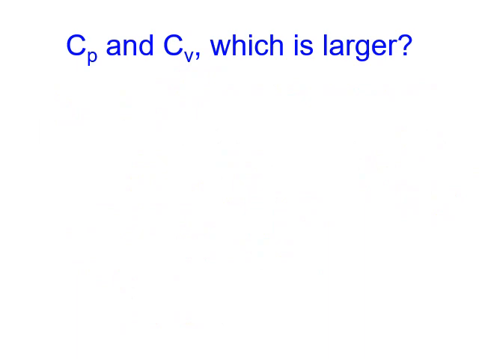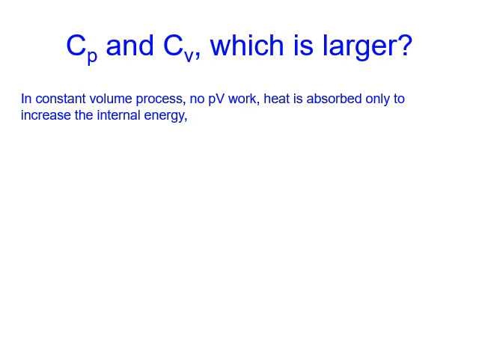Constant pressure heat capacity Cp, constant volume heat capacity Cv. Are they different? If so, which one is larger? At constant volume, there's no work. So heat equals internal energy change, which means that all heat absorbed goes to increasing temperature. Under constant pressure, however, when heat is absorbed, volume expands.